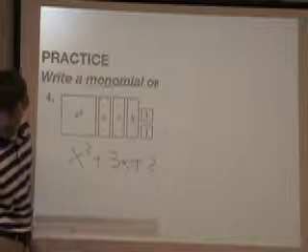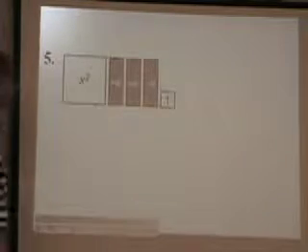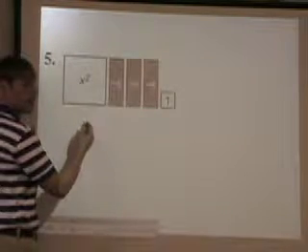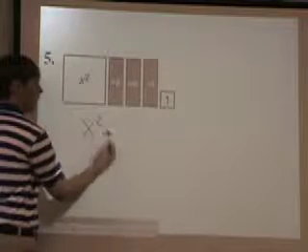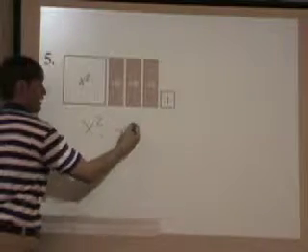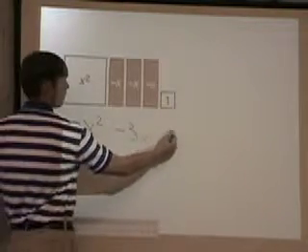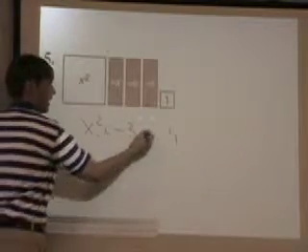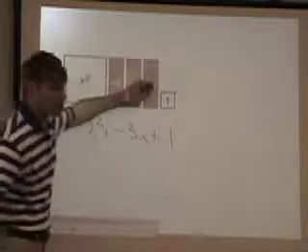You following me? So what about this one? Ashley, what is this one? You just tell me the whole thing. X squared. Negative 3x. 1. And in between each, what do you put? A plus. Now, do you notice that there's no pluses in between these?